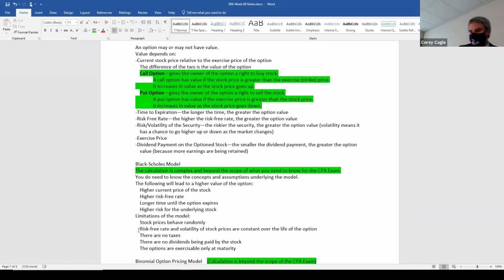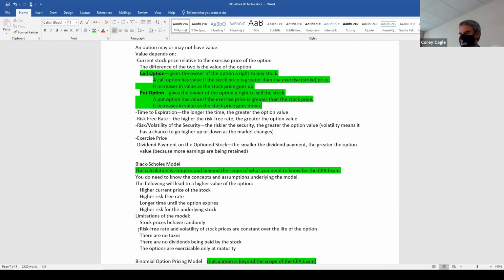And then they give you some limitations of the model. Maybe less important, but I listed it anyway. Obviously, stock prices behave randomly. That's a limitation of this model. We're not going to be that accurate, right? The inputs into the model, we kind of leave them constant over the life of the option.